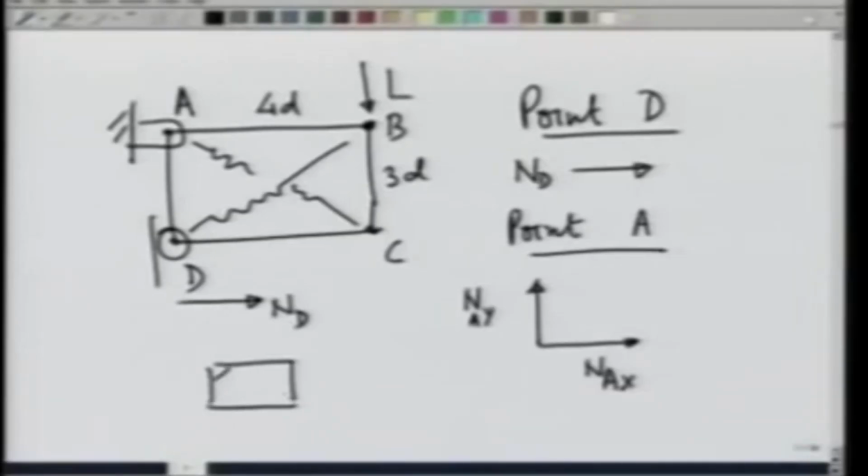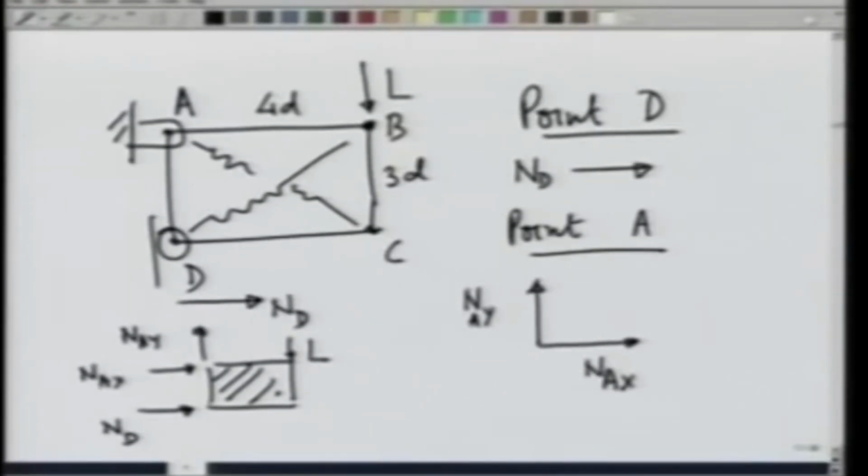So, on the entire system, if I make a free body diagram, there is a load L, there is a reaction here ND, a reaction in the vertical direction NAY, and a reaction in the horizontal direction NAX.